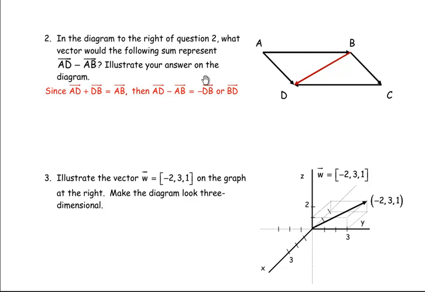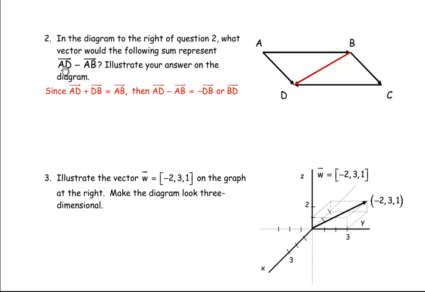If we start at A, the vector AD plus DB. Now I said DB, not the vector that's illustrated here. It's actually its opposite. So AD plus DB, and that's what's written right here, and that would equal vector AB because it goes from the beginning of the first vector to the end of the last vector. And the reason I wrote that one is because it involves AD and AB.